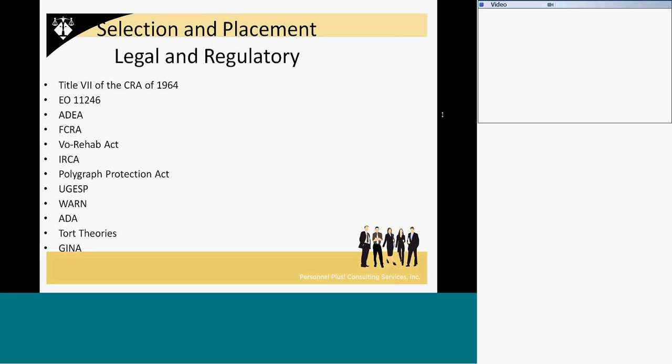So at the same time that they established the requirement to complete I-9s, the IRCA also made changes to Title VII with regard to national origin discrimination.